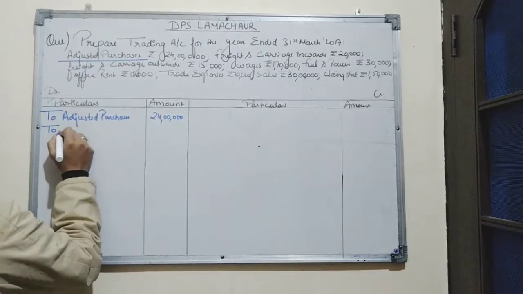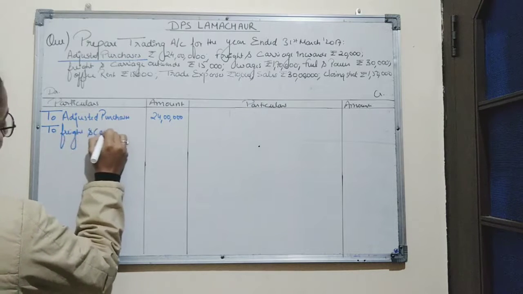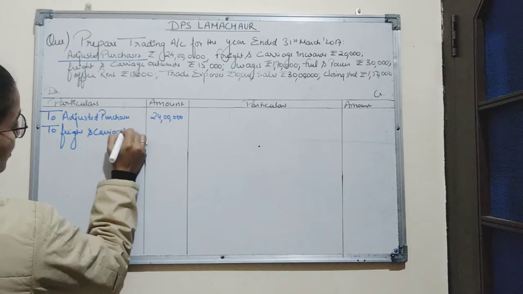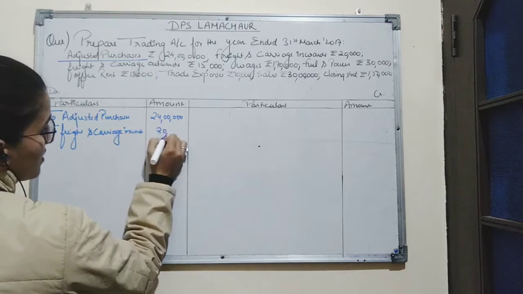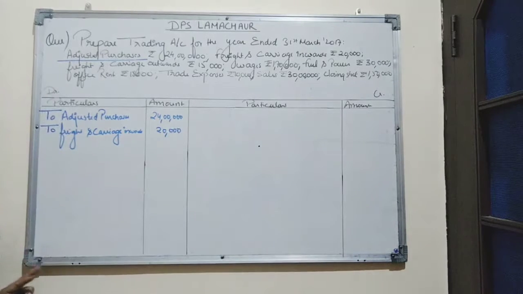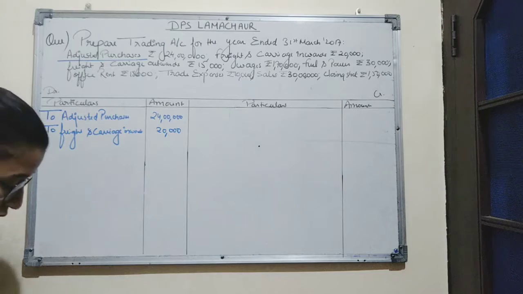So we'll record freight and carriage inwards amounting to rupees 20,000.